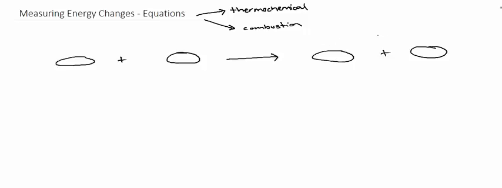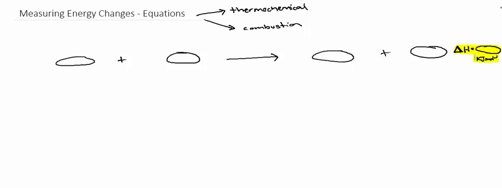So you write your chemical equation as normal. The difference is, on the end here, you'll see the molar enthalpy change. So you've got delta H equals, and then a value, which is going to be in kilojoules per mole. That is the key difference when you're asked for a thermochemical equation.